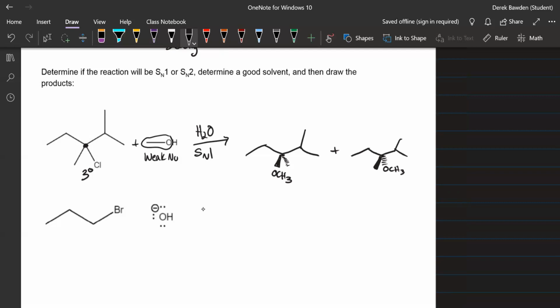So we have 2 products and they create a racemic mixture. Top and bottom attack, perfect.